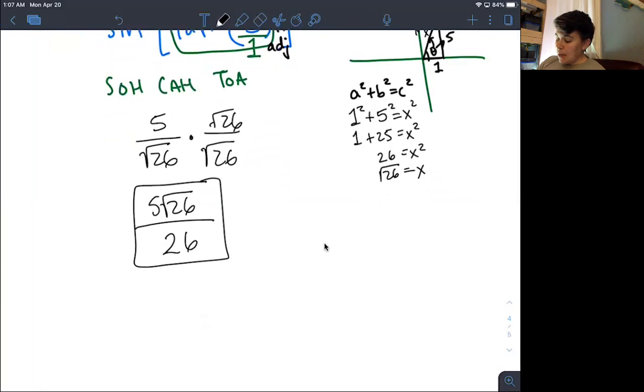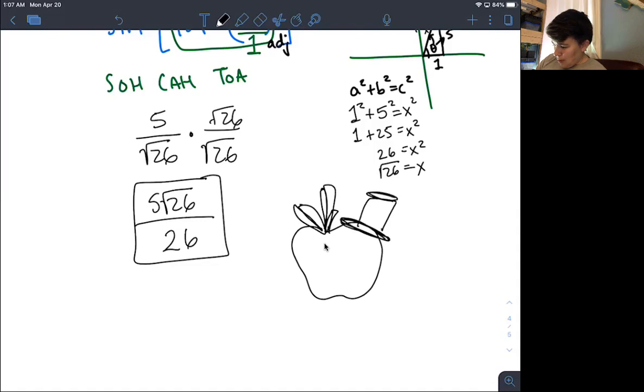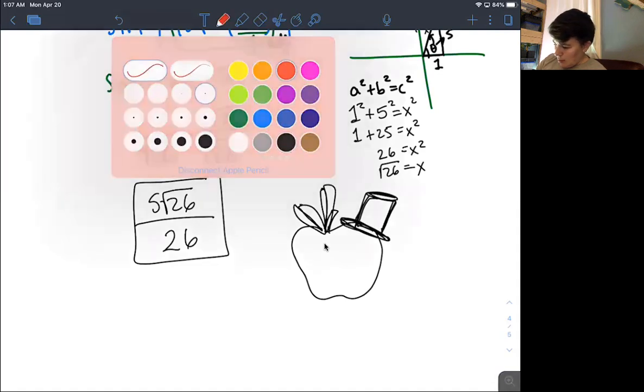Okay, y'all, I feel pretty good about that. Here is a piece of fruit with, I don't know, a top hat. Should I put it on top? Little top hat here. This will be your drawing for the day. A little piece of fruit with a little top hat. Hey, buddy. Let's get a little bow on there.